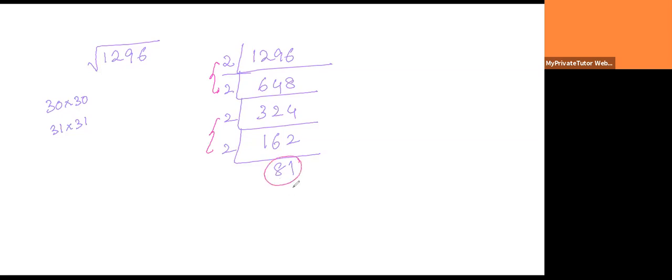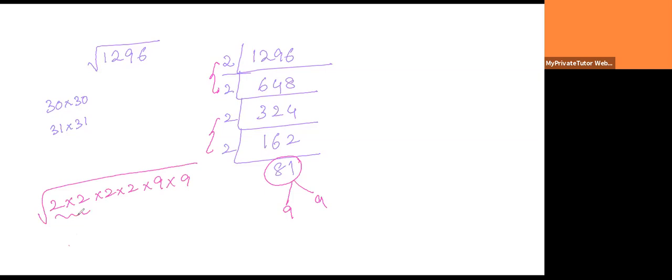If you want to continue dividing by 3, we can. But everyone knows that 81 is nothing but 9 times 9. So we can do that. So what does it mean? 2 times 2 times 2 times 2, and then times 9, which means the square root of this is what?